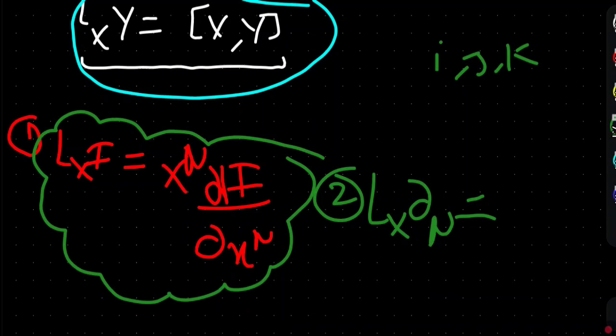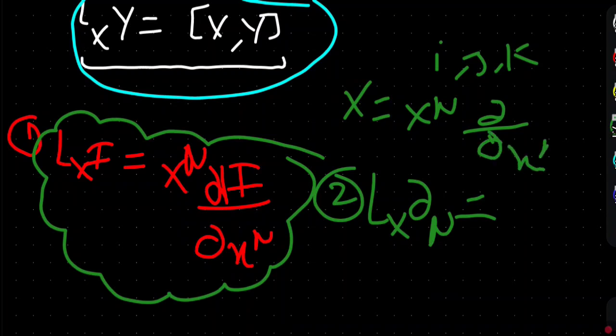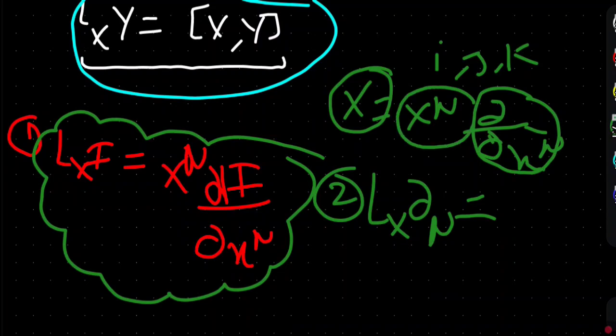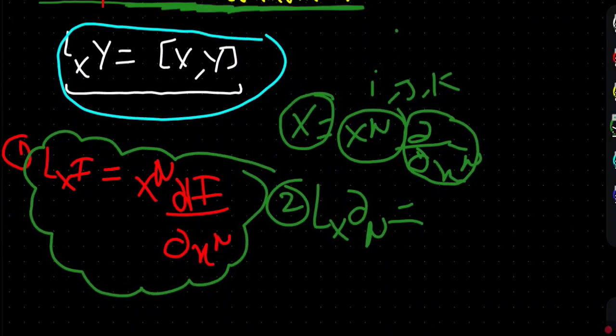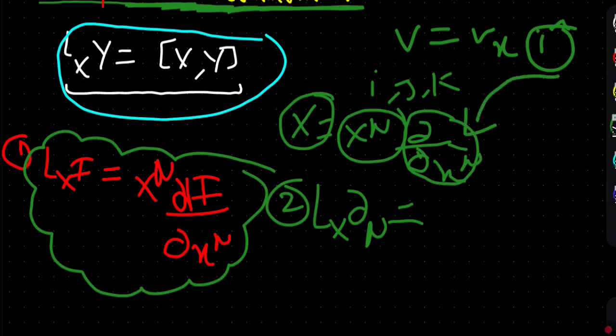We write the vector field X as X^mu times del by del x^mu, and this is the coordinate basis for our vector field X, and X^mu is one of the components. The analogy is the velocity vector v equal to v_x i cap. Just like the i cap plays the role of the basis vector, del mu plays that role, and X^mu is the component of the vector field X, exactly like v_x is one of the components of the vector v.